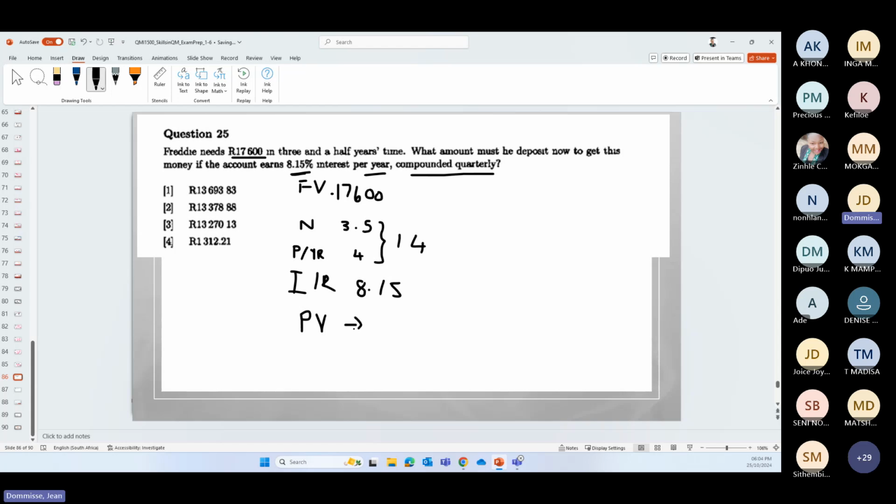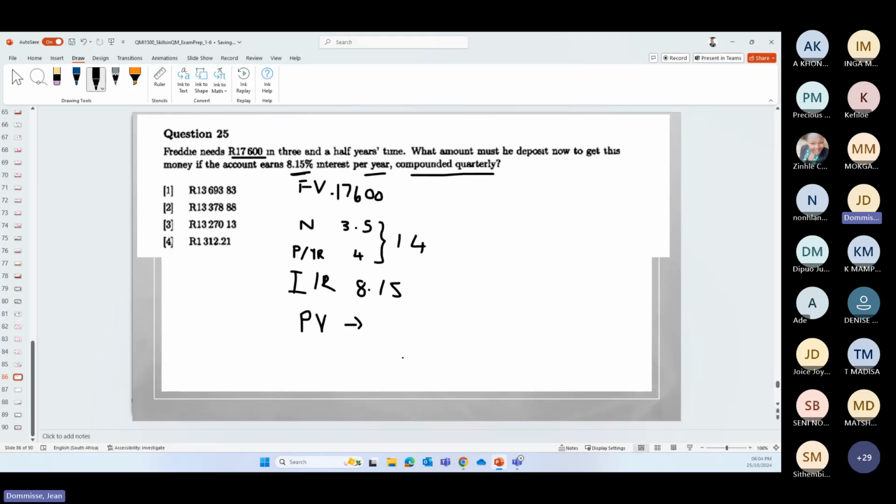So I'm just quickly going to do this on the formula. So 17,600 negative is my future value. I've got 4 times per year for 3.5 years. So that's 14 periods at 8.15%.